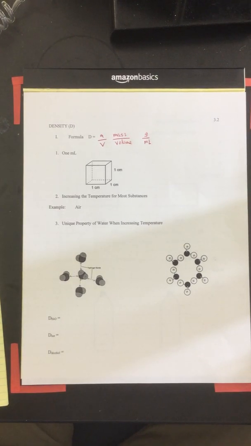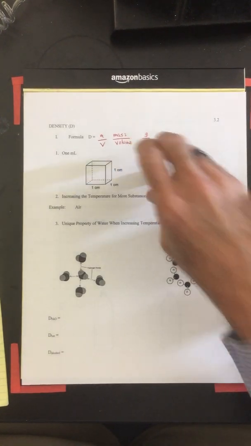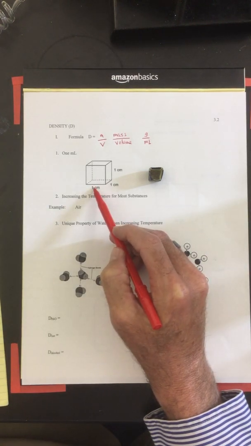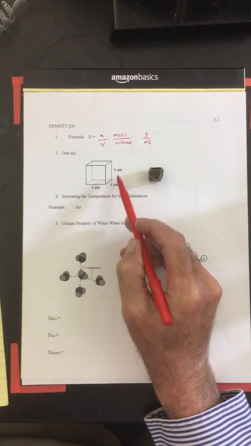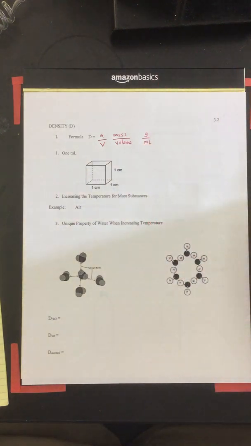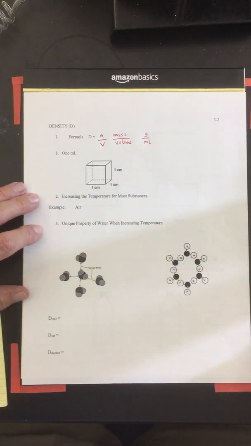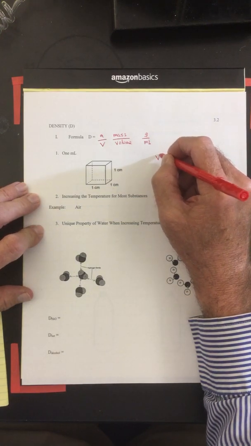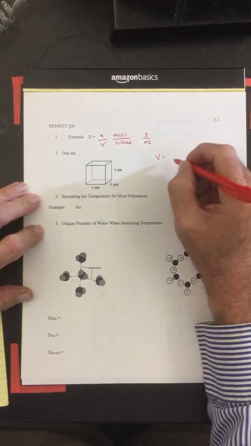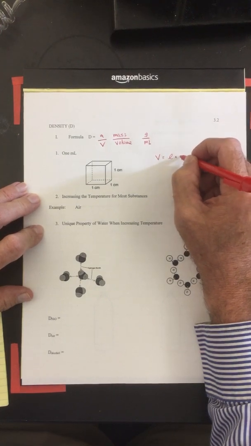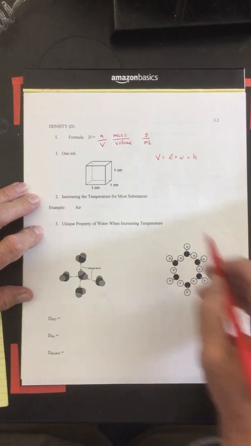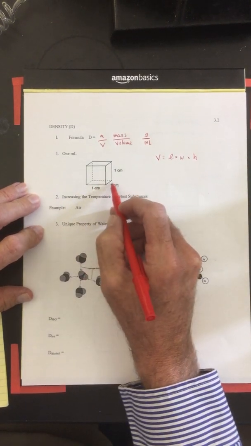However, if you remember from physical science, hopefully you did this experiment where we have this little box. Here's the little box right here. This box measures about 1 centimeter by 1 centimeter by 1 centimeter. And if we're trying to calculate the volume of this box, we can do so mathematically. So volume is going to be equal to the length times the width times the height. So here's the length, here's the width, here's the height.